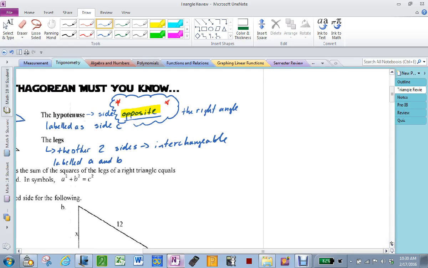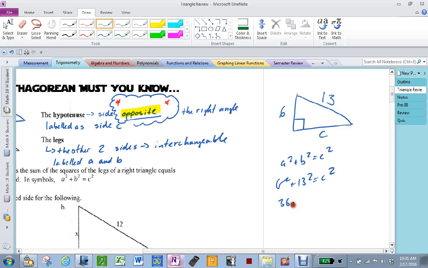A couple of years ago on the provincial exam, they did this and said, find C. And every kid wrote A squared plus B squared equals C squared. 6 squared plus 13 squared equals C squared. 36 plus 169 equals C squared.